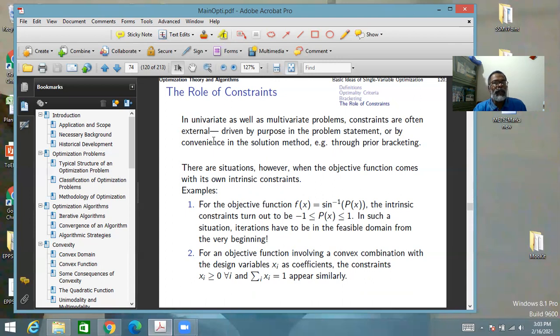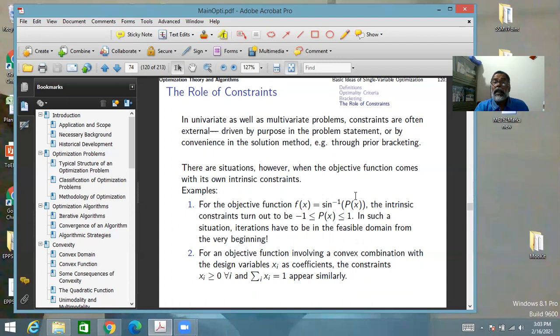But then there are situations where the objective function itself gives rise to certain constraints of its own, some intrinsic constraints. For example, suppose the objective function is something like this. This kind of situation can happen in multivariate optimization also, where x has several variables. So suppose the objective function has a term like this.